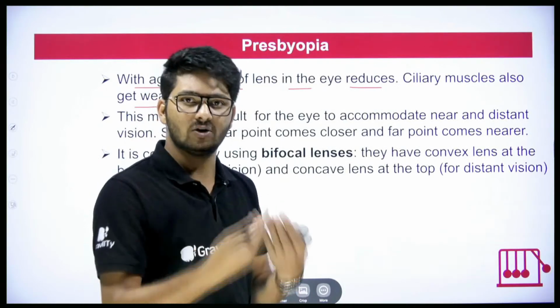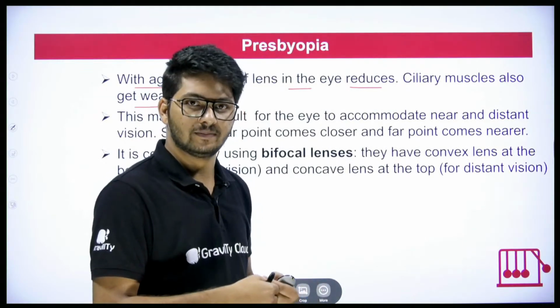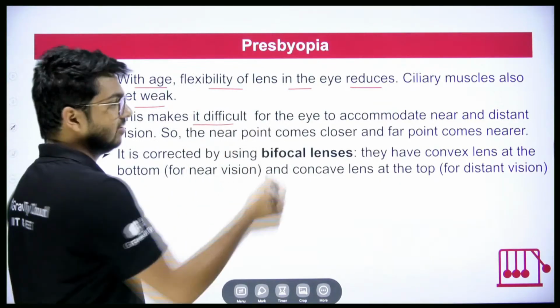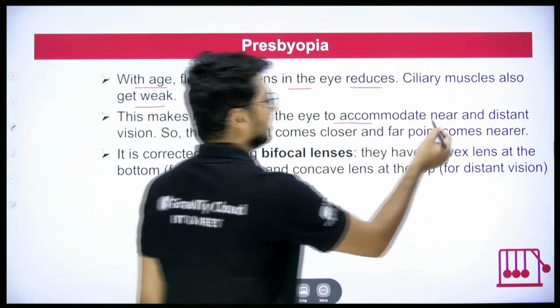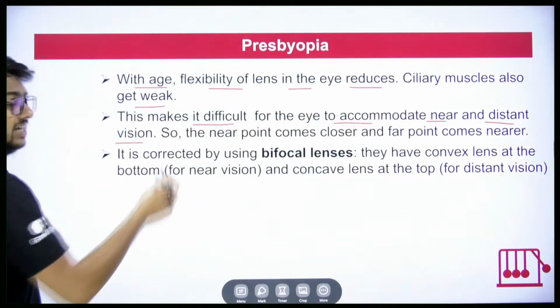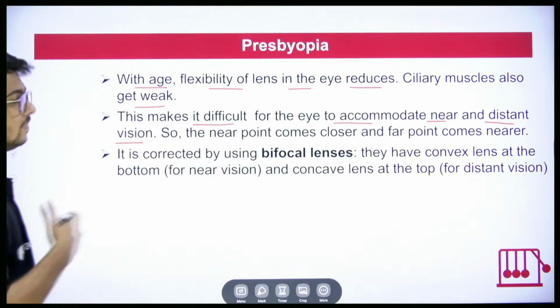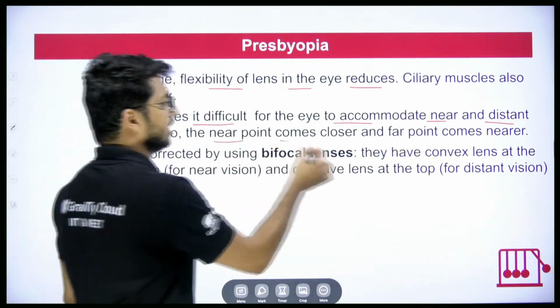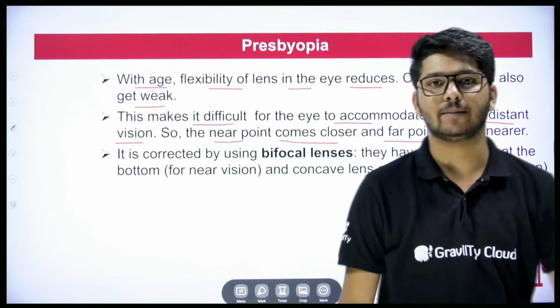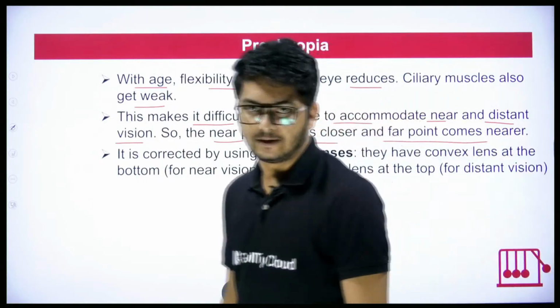The reason is different, old age, but you have both of them. Is that clear? This makes it difficult for the eye to accommodate near and distant vision, both of them. The near point goes farther and the far point comes nearer. Both of that happens. Got it? Good.